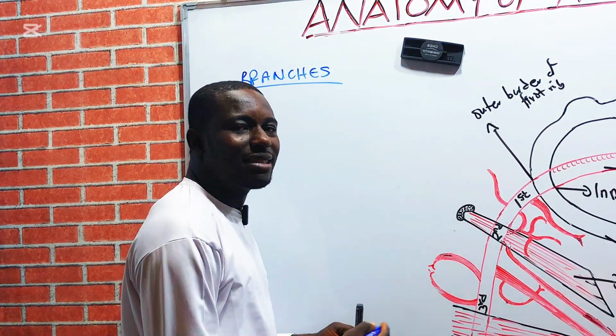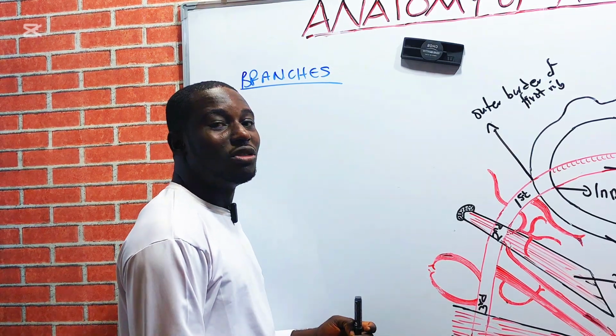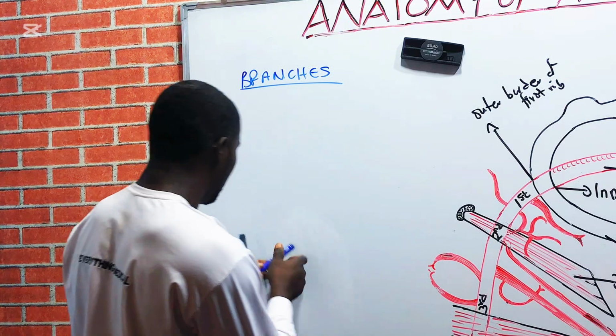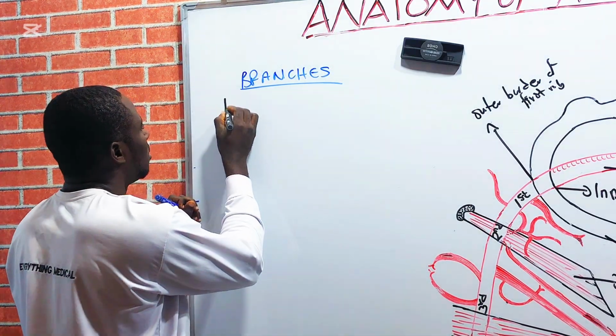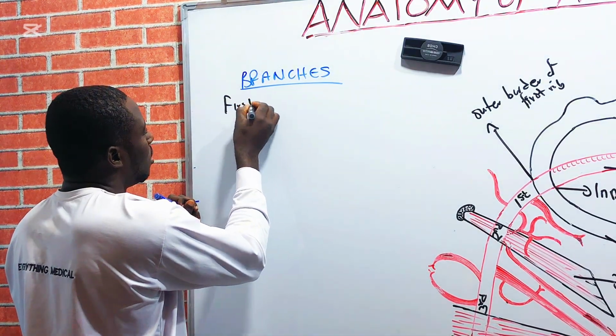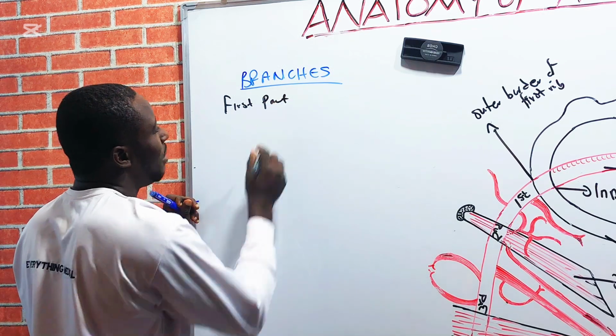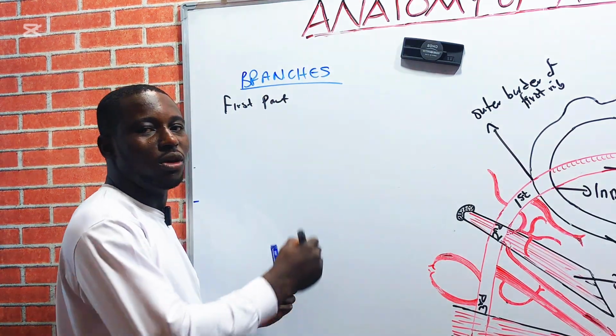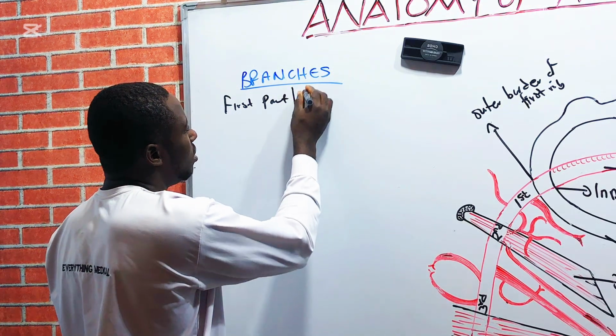Now, the axillary artery has 6 branches, which are divided into 3 parts by the pectoralis minor muscle or the pec minor muscle. Okay, the first part can be called the superior part, which is proximal to the pectoralis minor muscle.